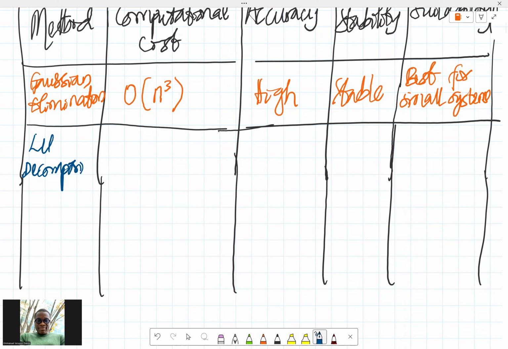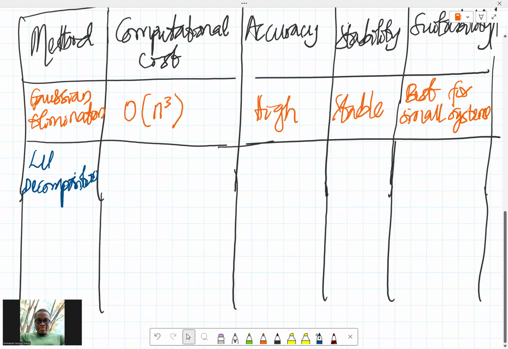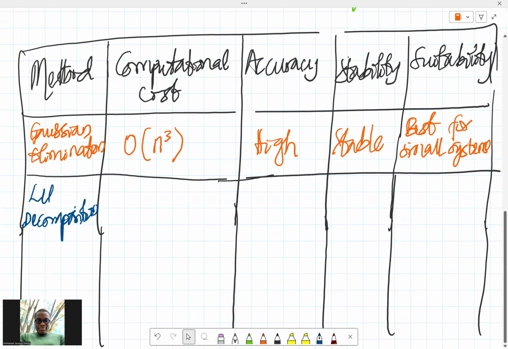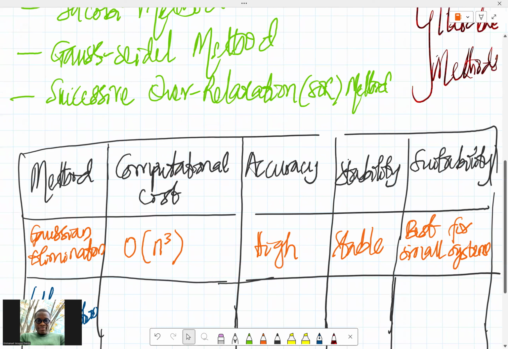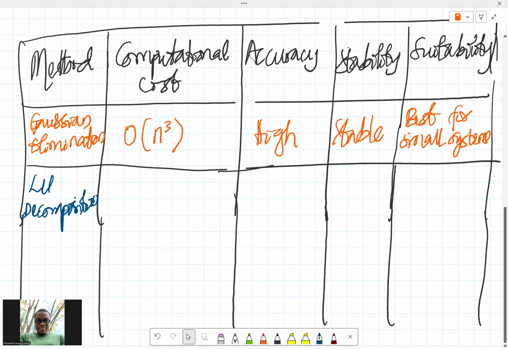Maybe it's because of the particular problem we solved, that 3 by 3 system, x plus 2y plus 3z equals 9, and 2x plus 5y plus 6z equals 18, and 3x plus 6y plus 14z equals 30. That's why the computational cost is O(n cubed). If we have a bigger system, it may not be the same. So it's cubic.